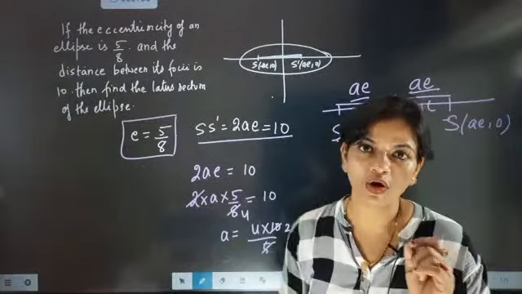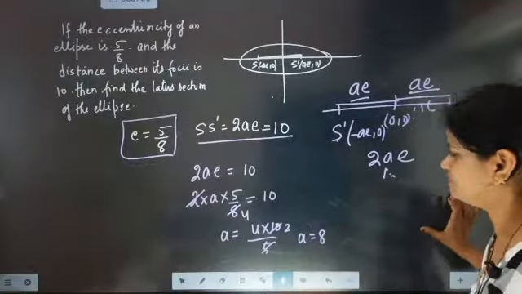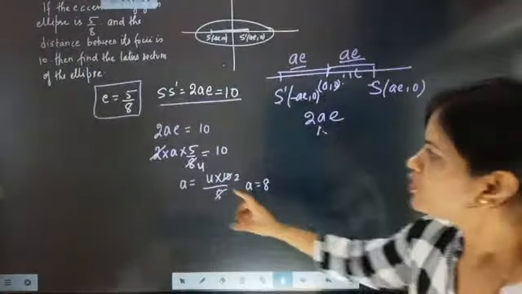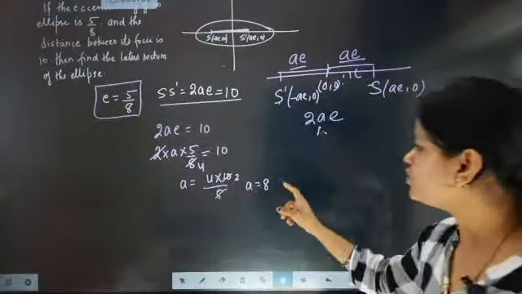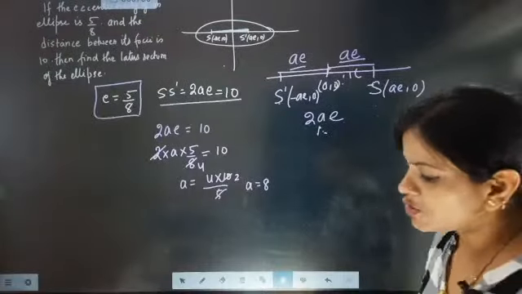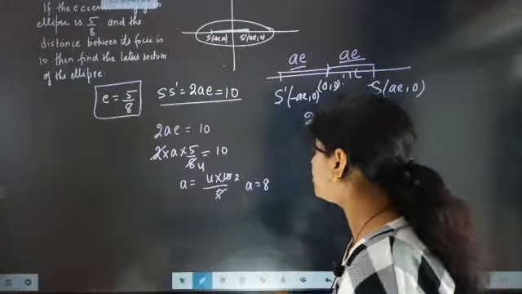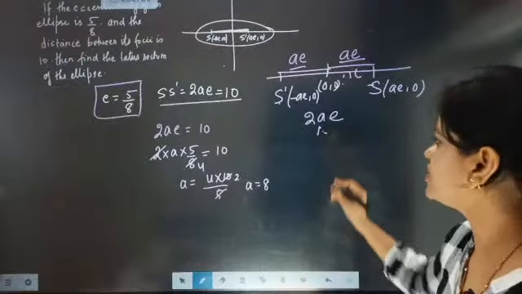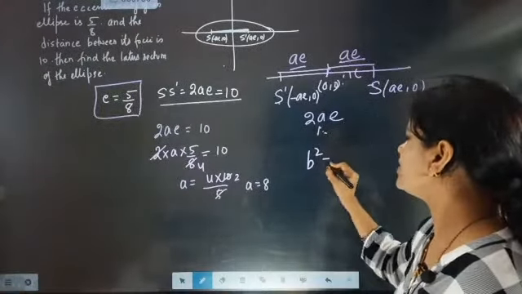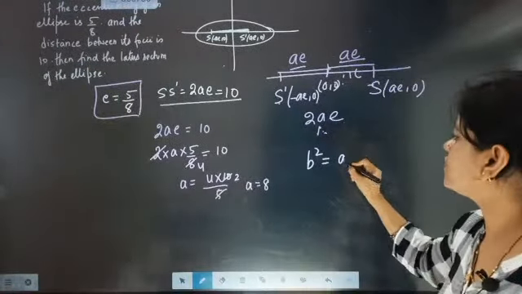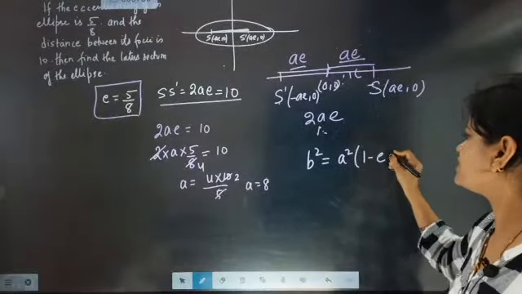Now once you have A as 8, you have the eccentricity and you have the A value. You know one equation in the ellipse: B square equals A square times (1 minus E square).